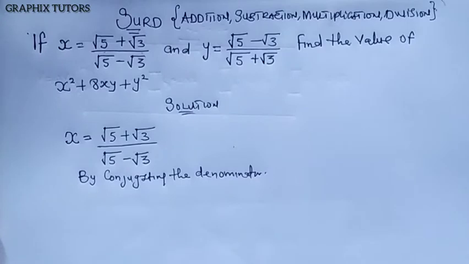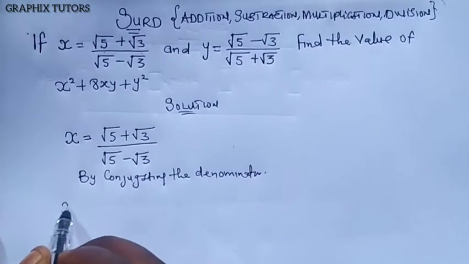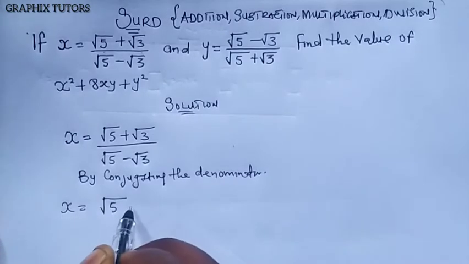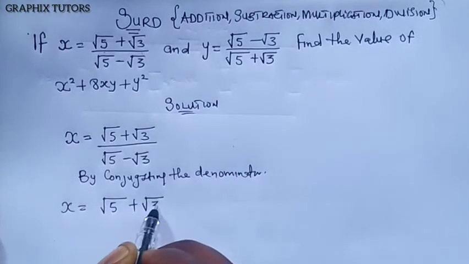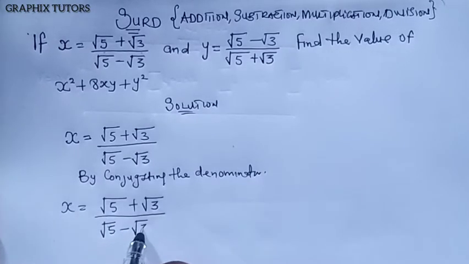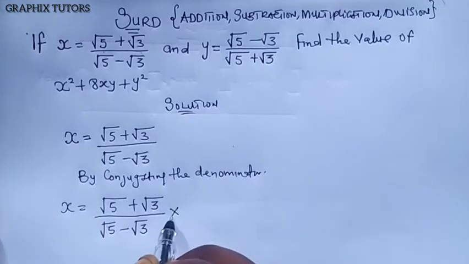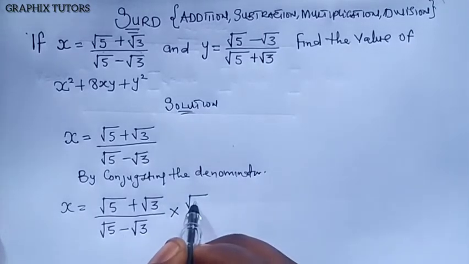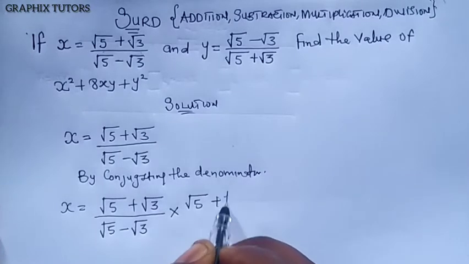we're going to be having x is equal to the square root of 5 plus the square root of 3 all over the square root of 5 minus the square root of 3, multiplied by the conjugate of the denominator here, which is root 5 plus root 3.